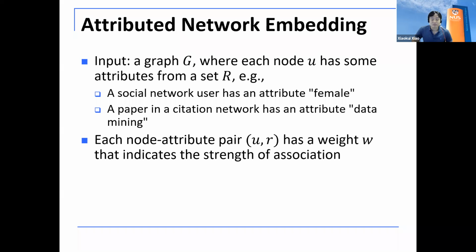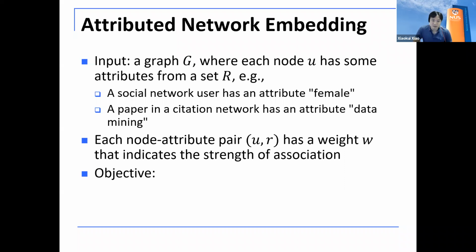And following the standard assumption in the literature, we assume that for any node U and any attribute R that this node has, there is a weight that indicates the strength of association between these two. For instance, if it's a citation network, then the weight for the node pair for a paper and an attribute, let's say data mining, could be something that indicates how purely the paper is about data mining.